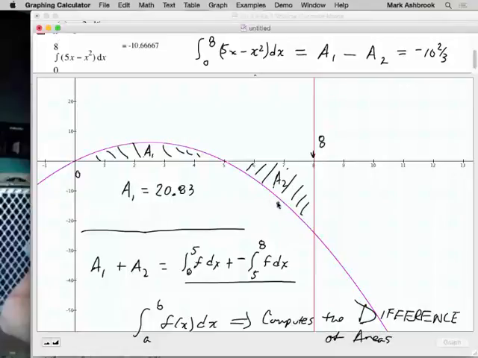Because it'd be negative. So if I add the integral from 0 to 5 plus the opposite of the integral from 5 to 8, then I do get the total area A1 plus A2. And you can also achieve that by making that thing positive everywhere, which has the same effect as doing this.